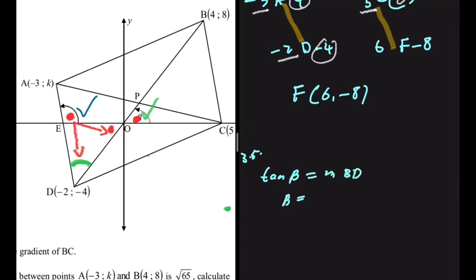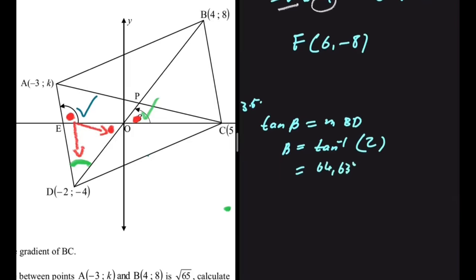That angle will be equal to tan arc of the gradient of BD. We calculated it when we were trying to prove that AC is parallel to BD, and it was 2. So what is tan arc of 2? So yeah, that angle is covered.